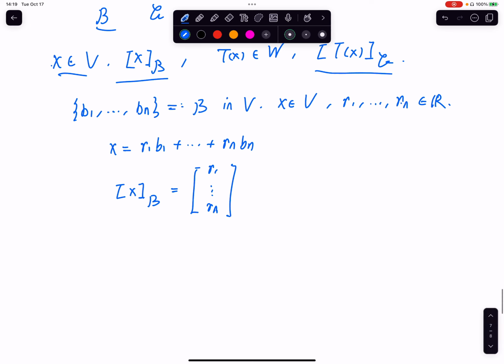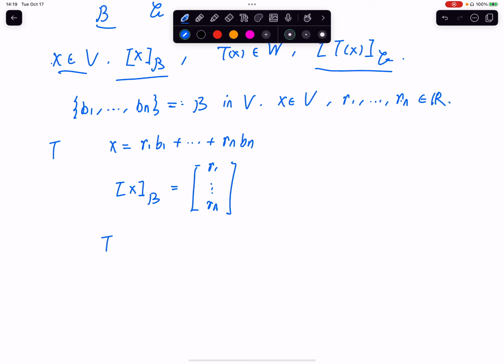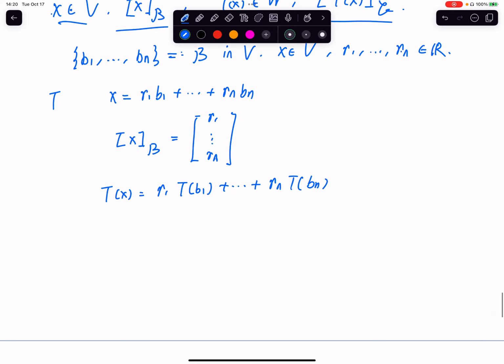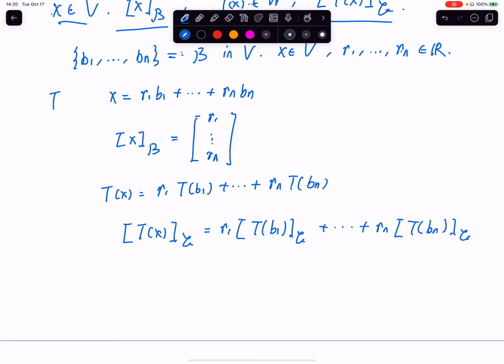Since T is a linear transformation, it preserves scalar multiplication and vector addition, so T(x) equals r1 T(b1) plus all the way down to rn T(bn). So the C coordinate vector for this is [T(x)]_C equals r1 [T(b1)]_C plus all the way down to rn [T(bn)]_C.